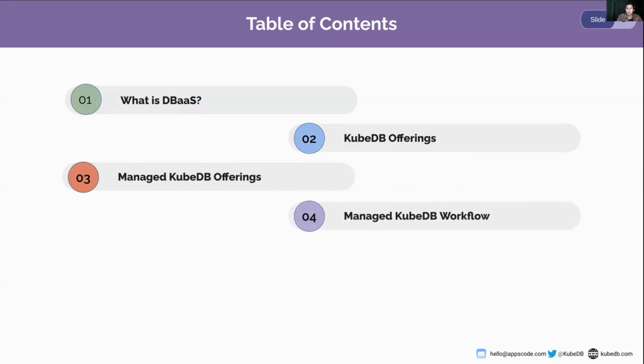Then we will discuss the detailed workflow of our Managed KubeDB, how it works. And then we have a demo. After that, we have a question and answer session. In the meantime, you can ask your questions in the Zoom chat, and in the question and answer session we will try to answer your questions.